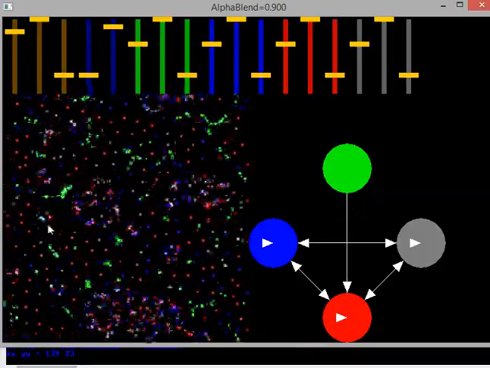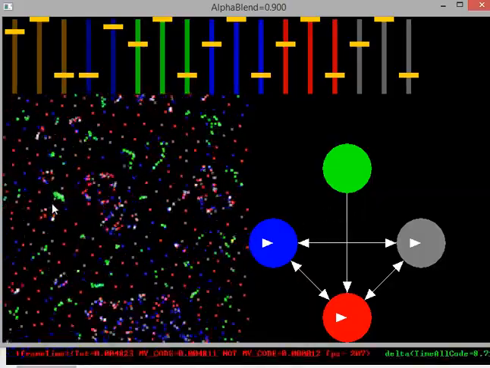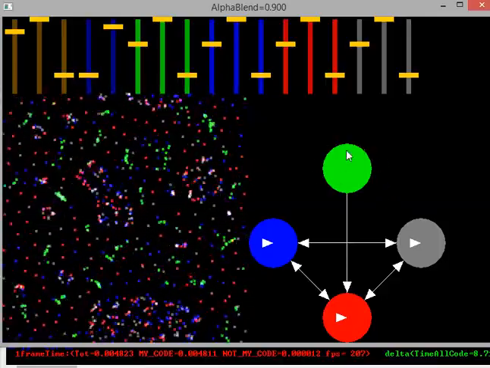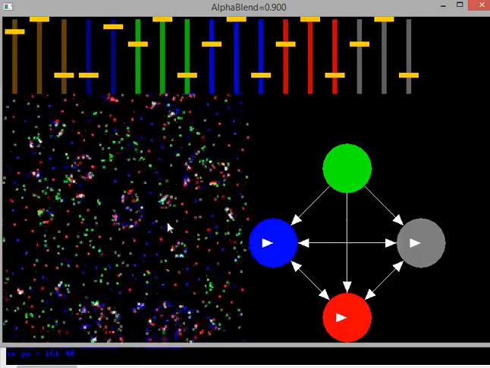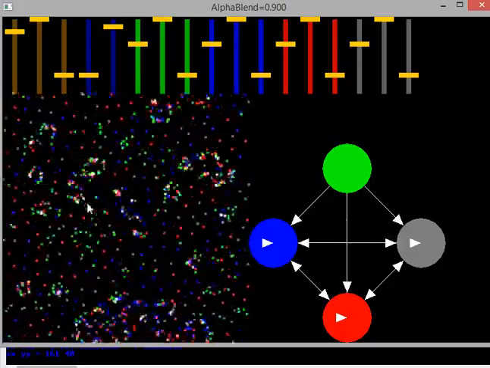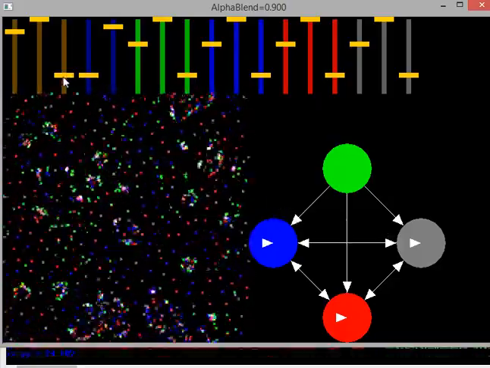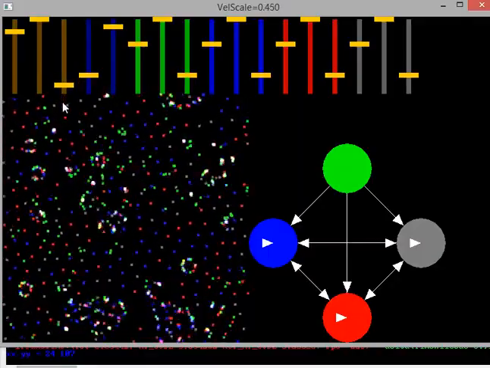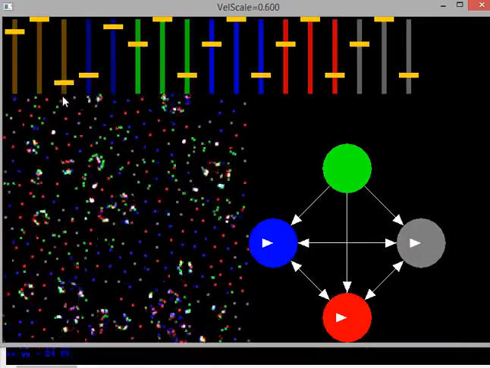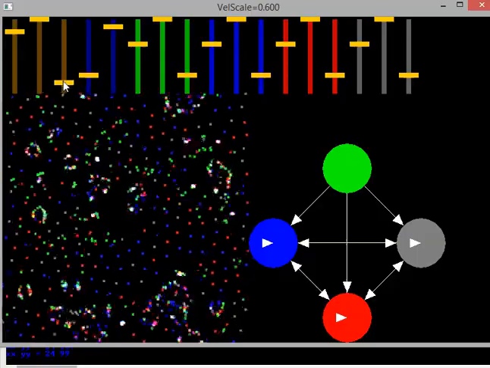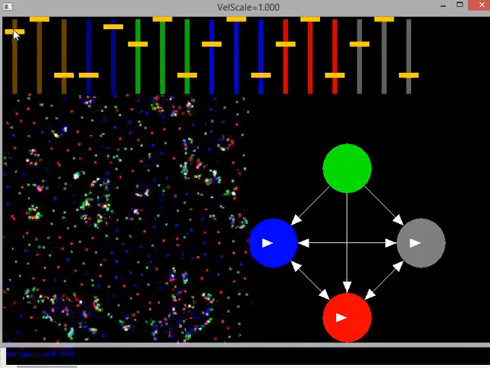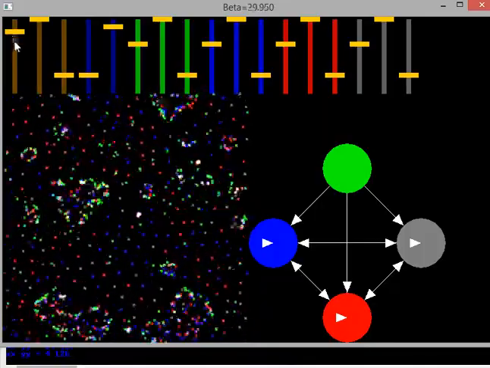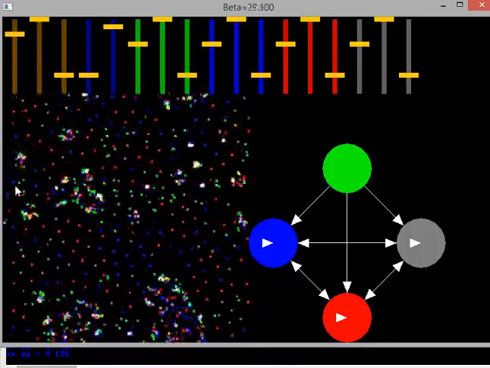I call these wisps, and they happen when a particle doesn't see itself, but it sees lots of other particles. Here it's got a large velocity, so we don't see the wisps, but let's slow it down. What's my beta at? Beta's at 30. Let's try to put it back down to the normal 17.